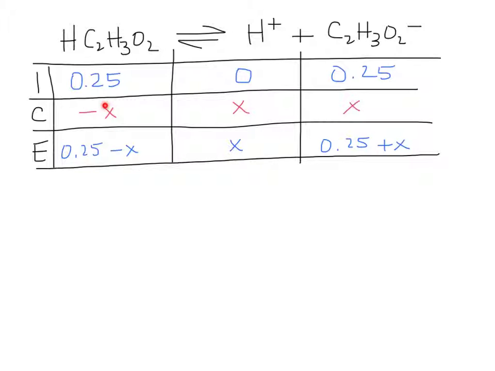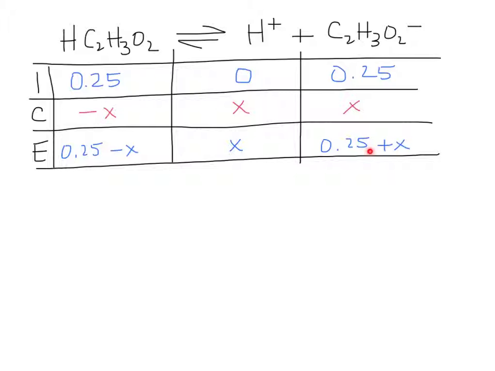In terms of acetic acid, the X is insignificant. We can ignore it. But in terms of hydrogen ion, it's extremely important. We cannot ignore it. For the acetate ion, again, X is very, very small compared to 0.25 molar. We can ignore it.